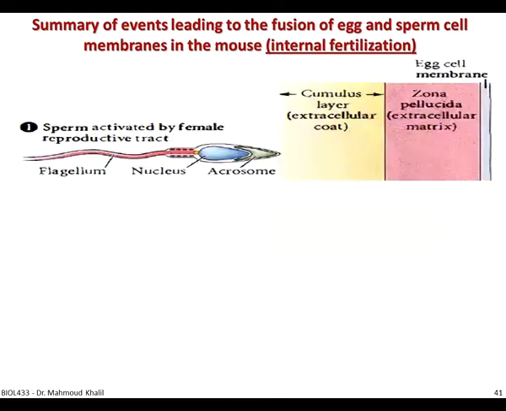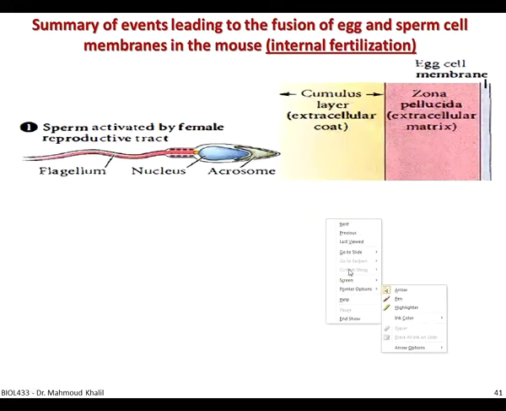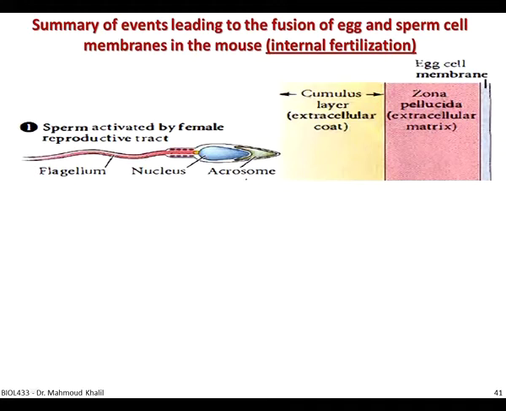So let's see the process for internal fertilization, as an example, the mouse. You can see here, it starts the same as well. The sperm is a little bit different. The sperm is activated by the female reproductive tract. This is one of the major differences from external fertilization, because the sperm in internal fertilization moves in the fallopian tube.